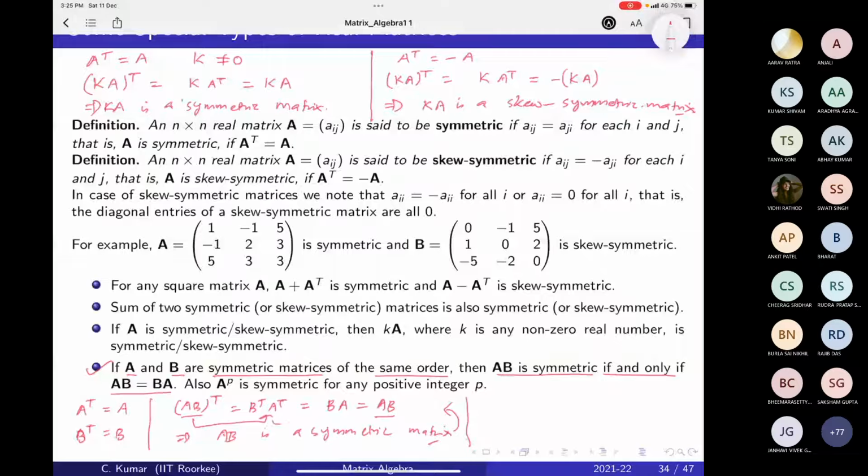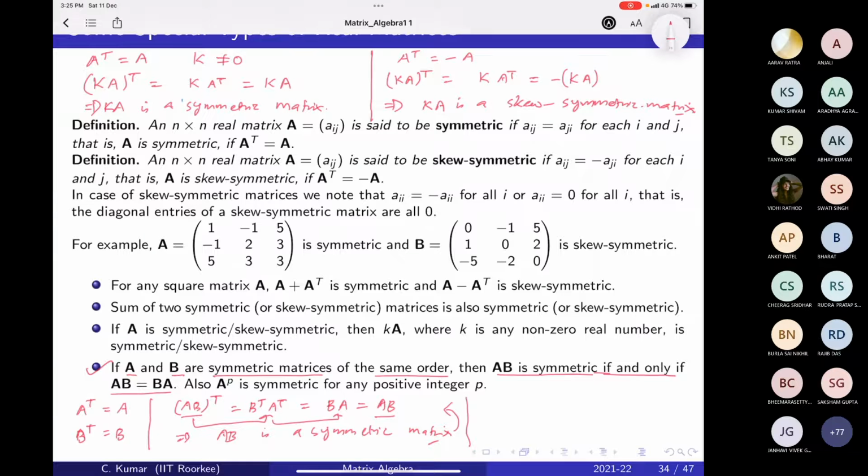And since A and B are symmetric, you get BA. This shows that BA is equal to AB. So both ways you can prove. First, we assume that AB is equal to BA, and then show that AB is a symmetric matrix. Conversely, we assume that AB is a symmetric matrix, and then one can show that AB is equal to BA. Okay? So this proof is also very simple.